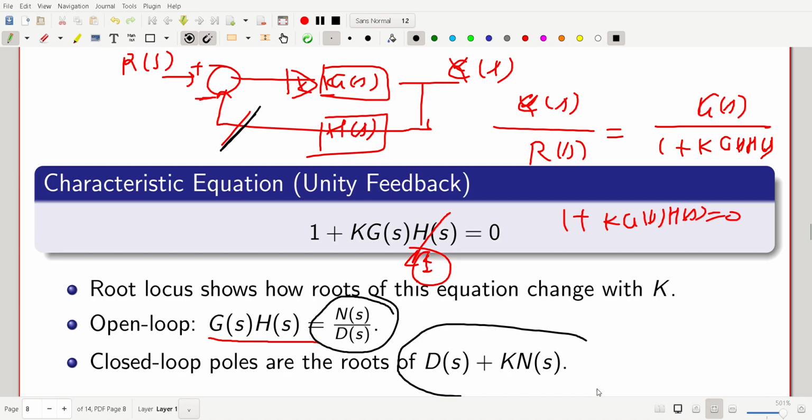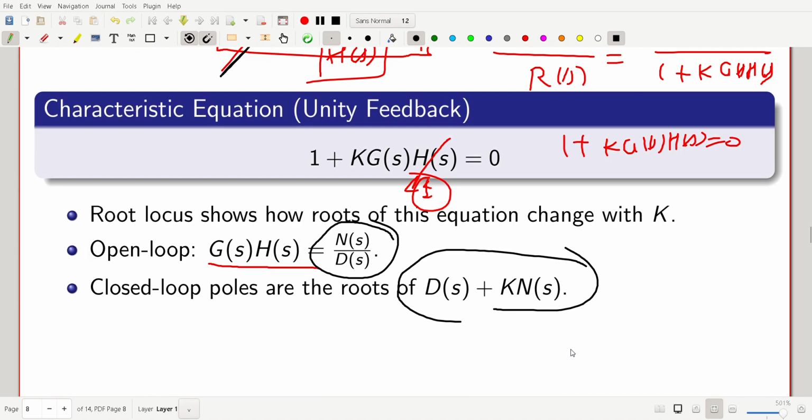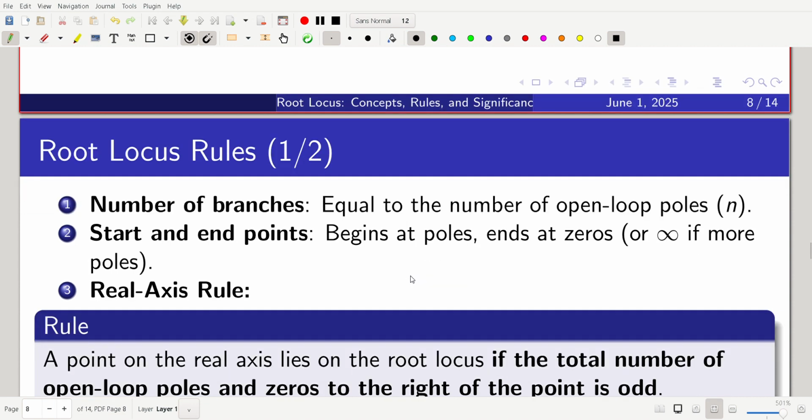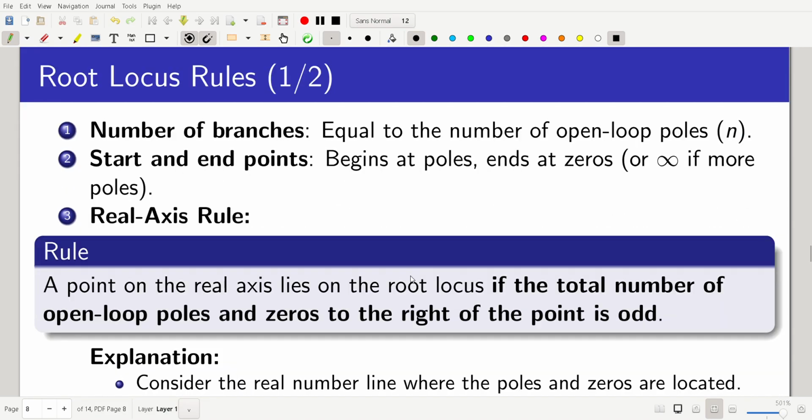If you solve this equation, the roots will be the closed loop poles. So the root locus is basically the path of the poles, how the poles vary as the gain varies. I'll just read out the rules so that we can easily recall them.